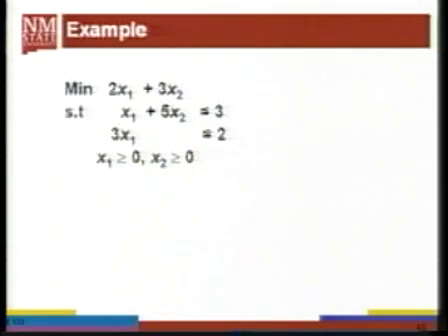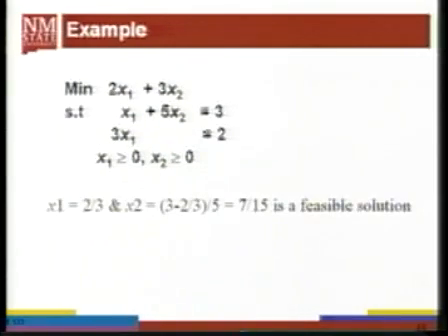Then let's consider an LP example like this. So in this case, x1 equals 2/3, which came from the second constraint. And if you plug that value into the first constraint, then you would get x2 equals 7/15.